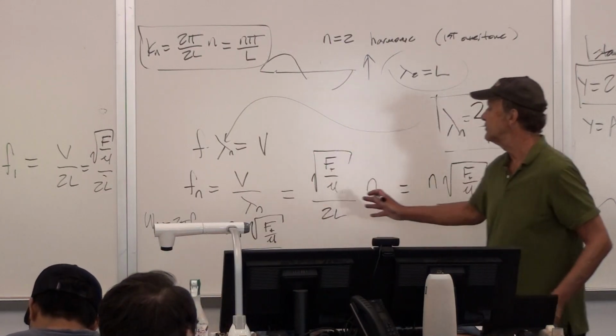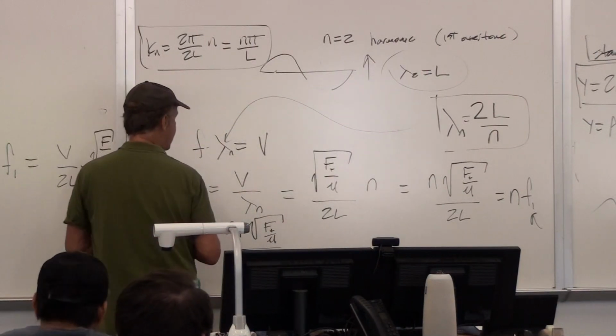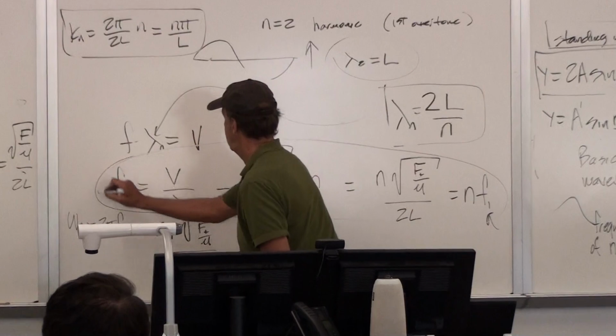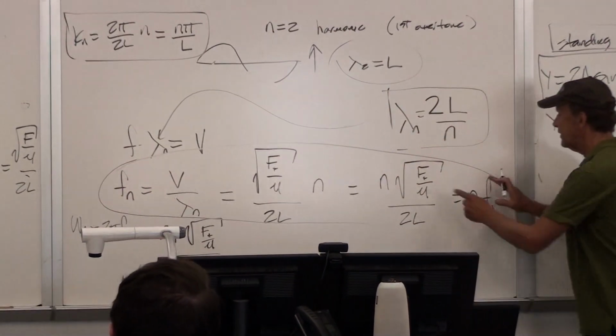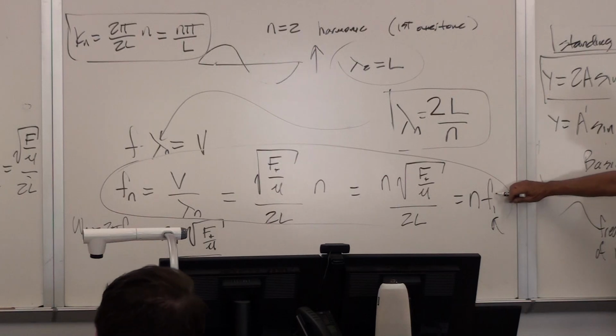And so a lot of this was just a derivation, but if you can start with something like this, it gives you some important information about which harmonic frequencies you can get in a standing wave pattern.